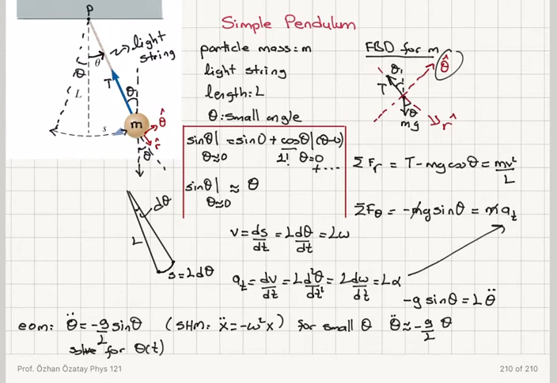Therefore, I find that for small theta, the equation of motion becomes approximately theta double dot equals minus g over L theta.